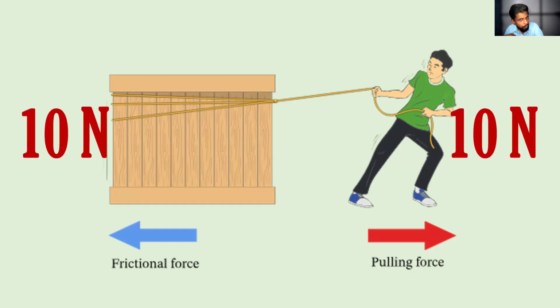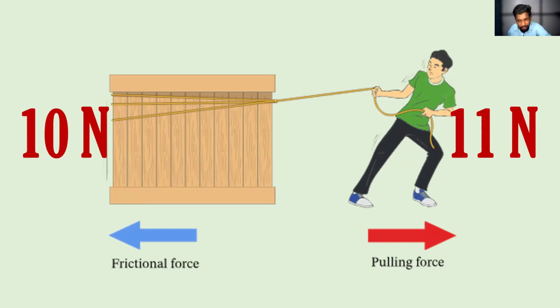When you increase the force like this, along with our force, the frictional force also increases. But when I apply 11 Newton, the frictional force will never increase up to 11, because the frictional force has a limit. Up to 10 Newton, the frictional force increased.